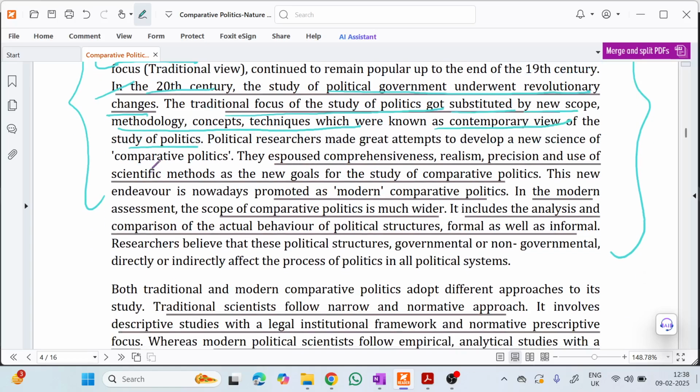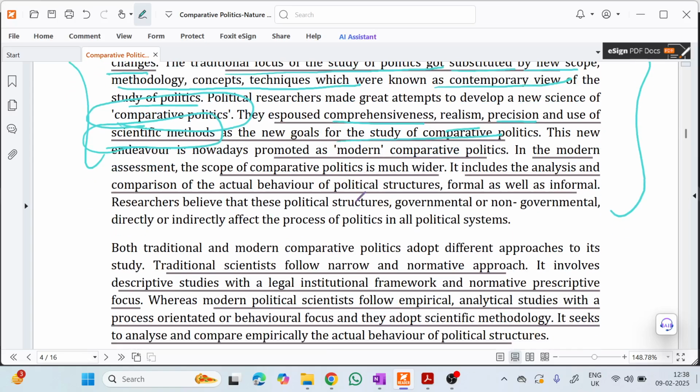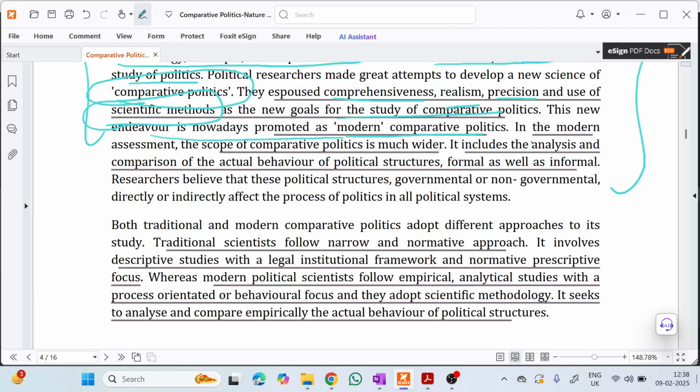And such a contemporary review, when integrated in comparative politics, espouses comprehensiveness, realism, practicality, pragmatism, precision, and use of scientific method to study comparative politics. And this endeavor is nowadays promoted as modern comparative politics.